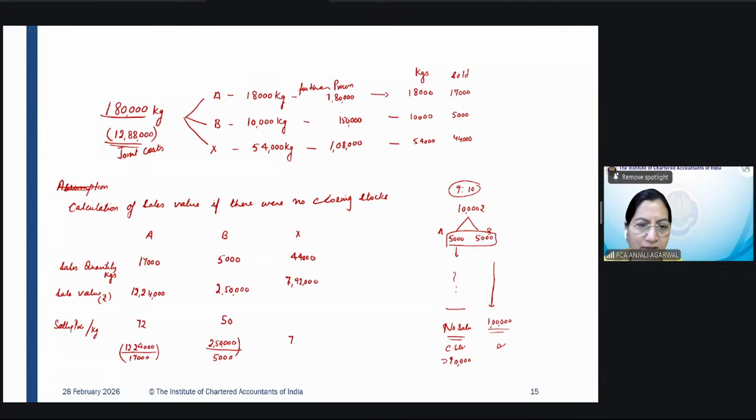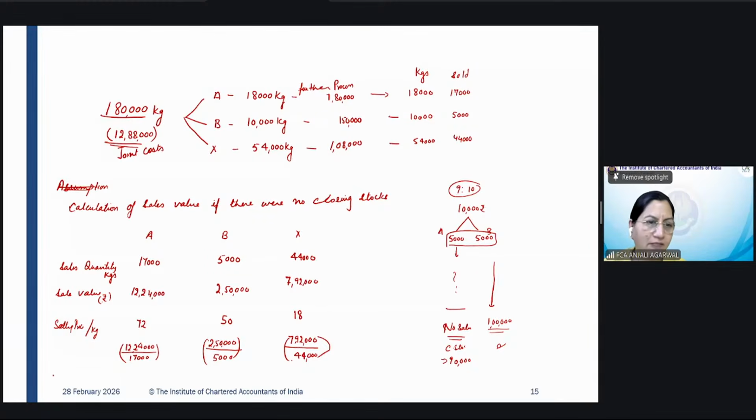And 7,92,000 divided by 44,000. This one is 18 rupees per kg.